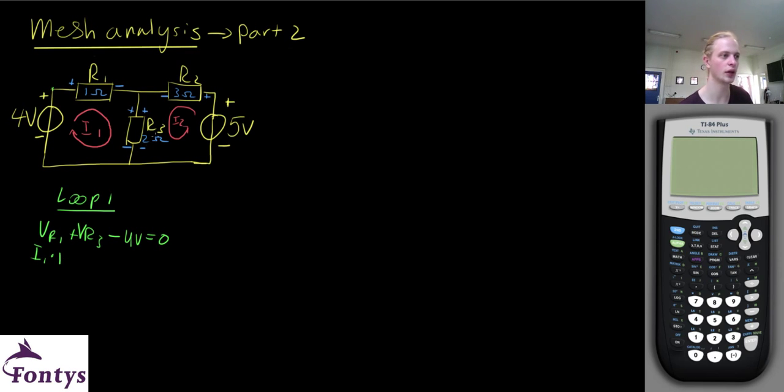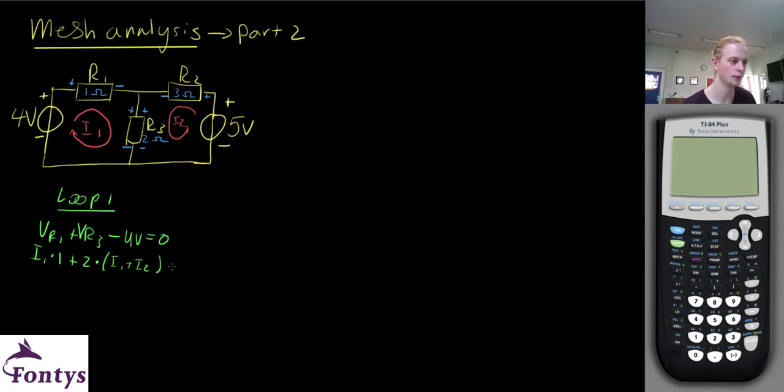Now we have to calculate the voltage over R3, and that's a bit more difficult because not only I1 flows through there, but I2 as well. So for R3 we get the resistance of R3, which is 2 ohms, times the sum of both currents. Since they both flow in the same direction, the current flowing through R3 is the sum of both currents. So you get I1 plus I2.